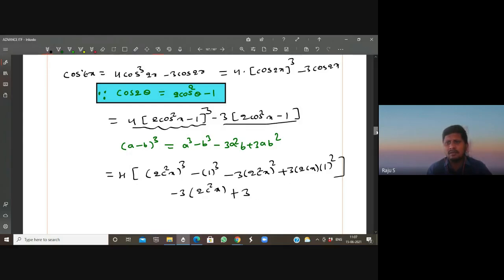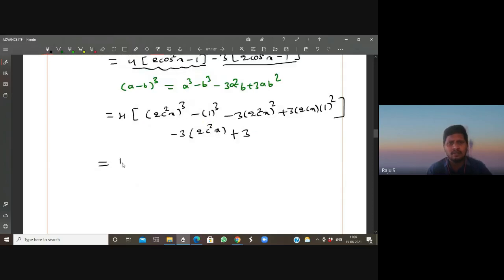Then 4 into 2 cube, shall I write 8 cos to the power of 6x? 2 3s are 6. 8 cos 6x minus 1 minus, what about this 2 square? 4 into 3, shall I write 12 cos power 4x?